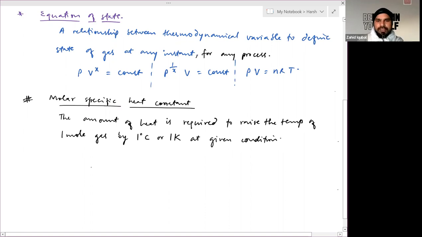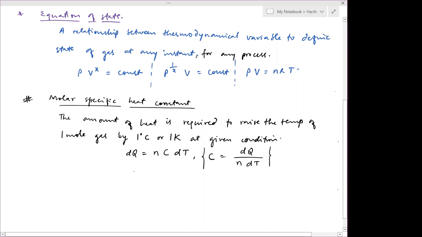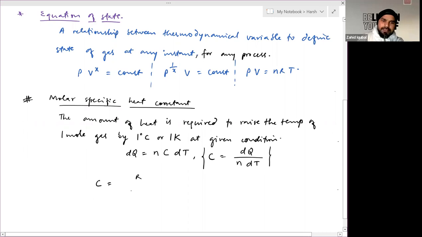So let me define a generalized formula. First, you may write dQ is equal to number of moles times C into dT. So from this, C will be equal to the amount of heat required per unit number of moles to change its temperature by 1 degree Celsius. In general, C will be equal to R divided by gamma minus 1 minus R divided by x minus 1.